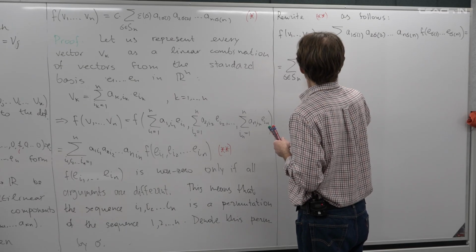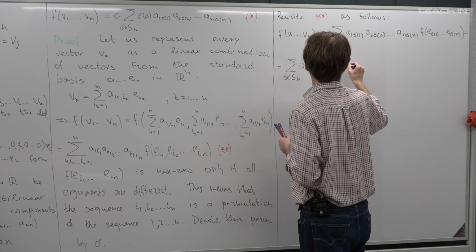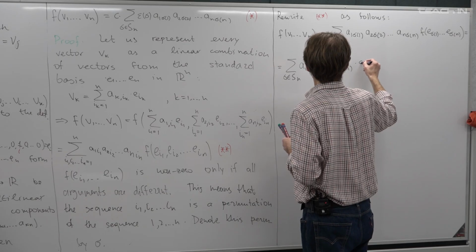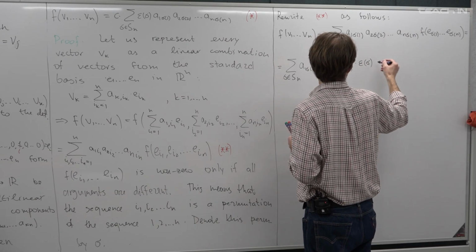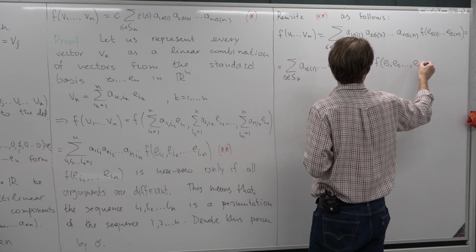So a sub 1 sigma of 1, etc., a sub n sigma of n, multiplied by epsilon of sigma, and multiplied by f of e1, e2, etc., en.